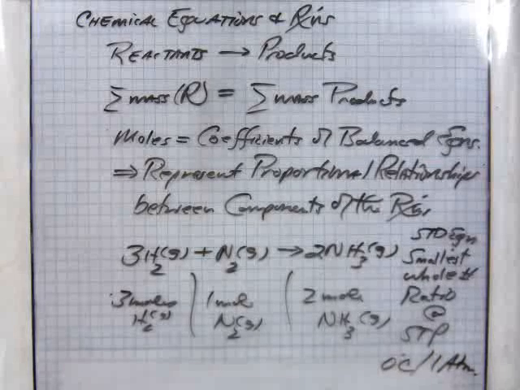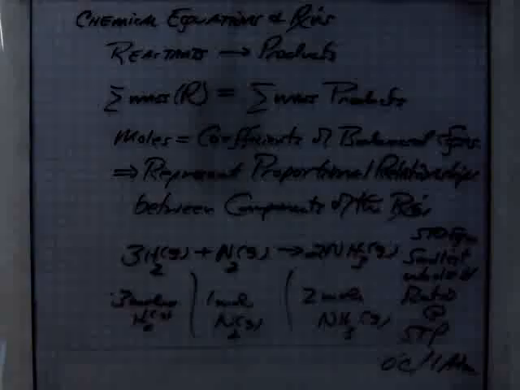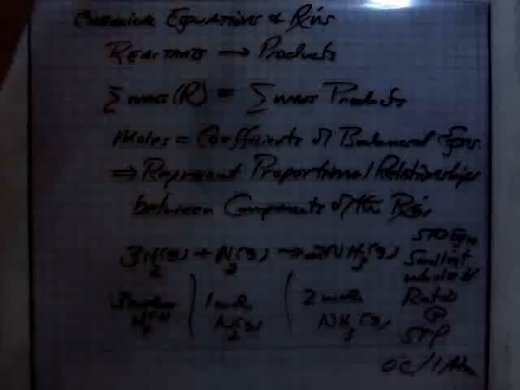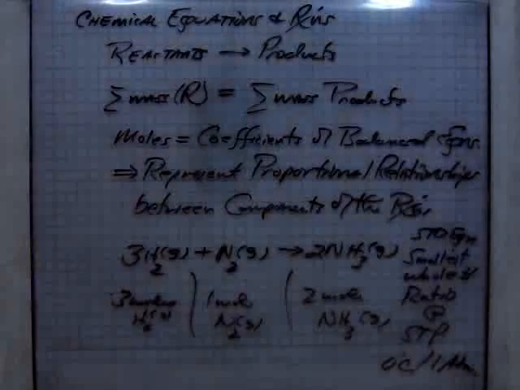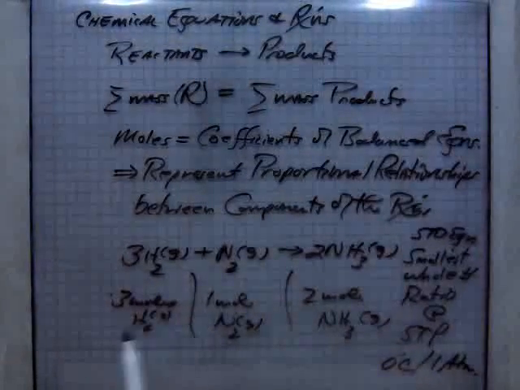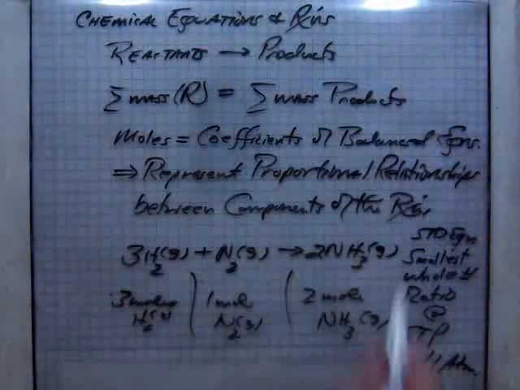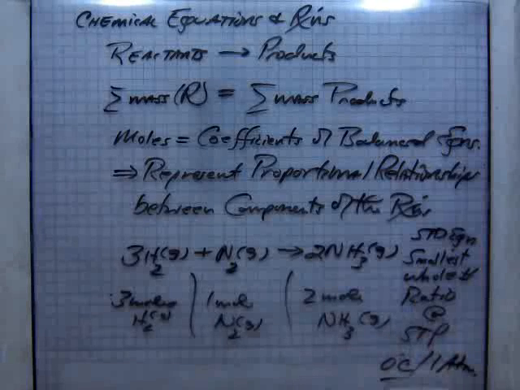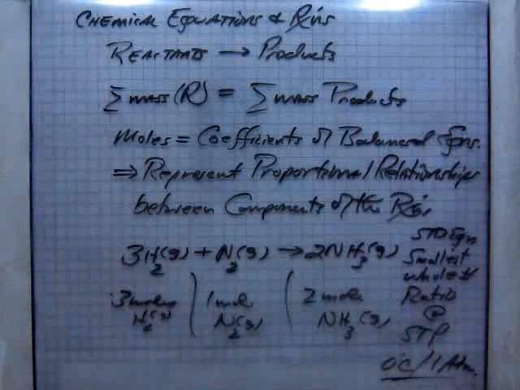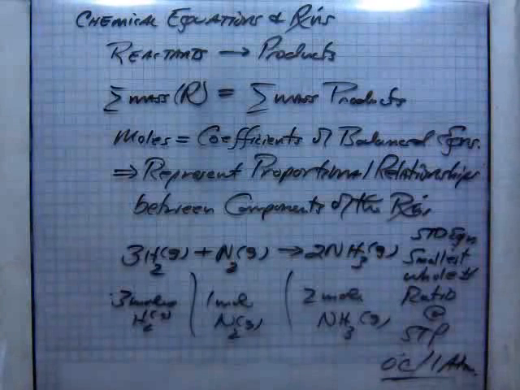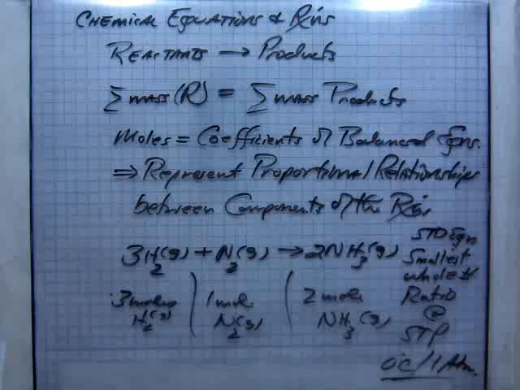So when you reduce it to the smallest whole number ratio of coefficients going across any equation, that is the standard equation, and whether anybody says so in a problem or not, you are to assume it is 0 degrees and 1 atmosphere. And then there's a thermodynamic standard which involves 25 degrees Celsius, and that's something else we'll get to in the future.